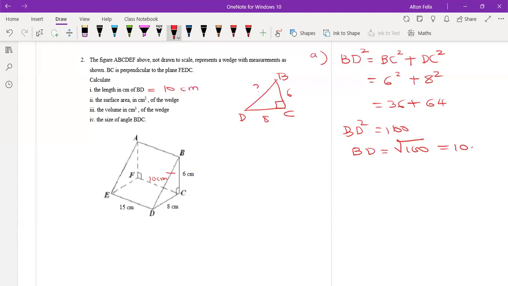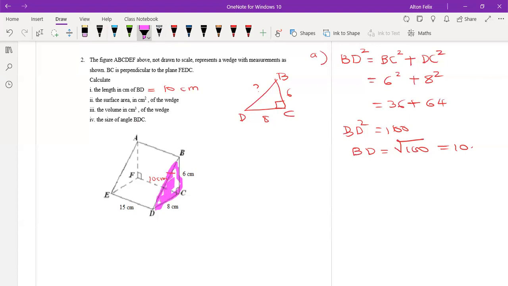So how do we find the surface area in centimeters square of the wedge? Well, we look at all the different shapes and we find the area of each one and then sum them together. So we already recognize we have one triangle here. This is a triangle right here. And of course, we'll need to find the area of that triangle.